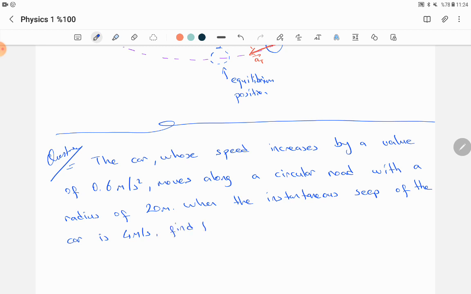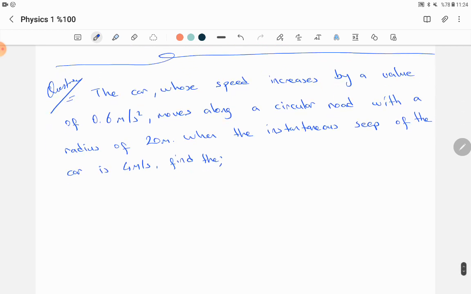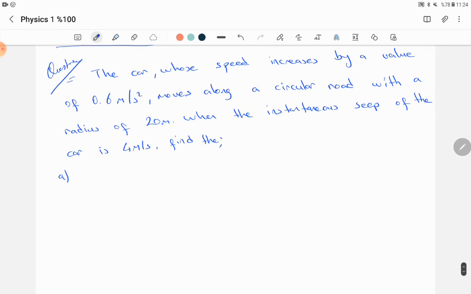Find A, the tangential acceleration, B, the centripetal acceleration, and C, the total acceleration.